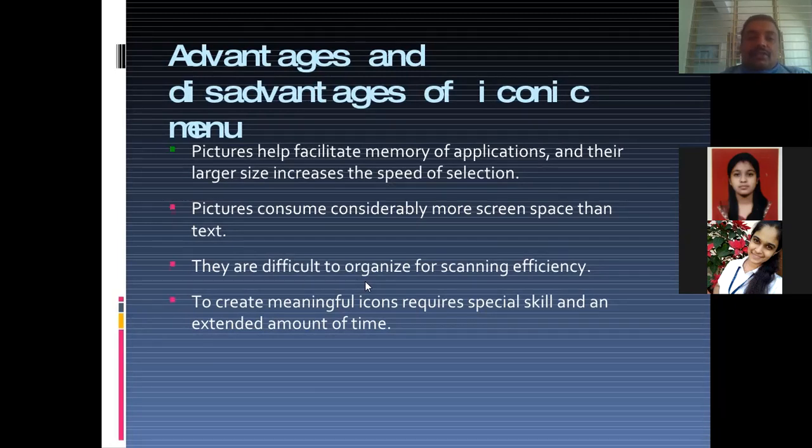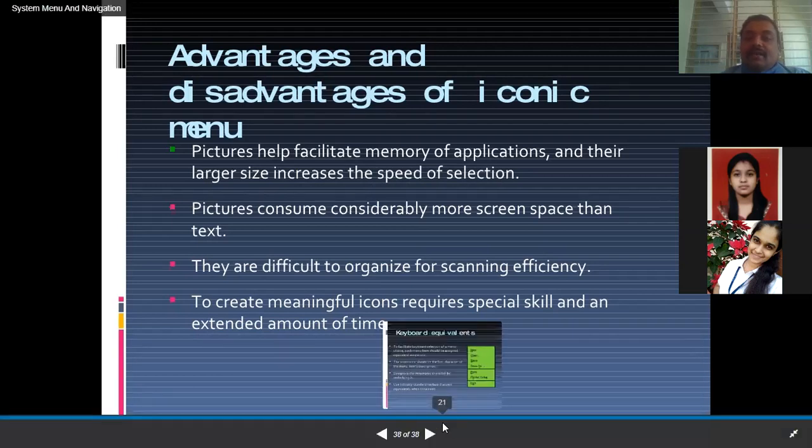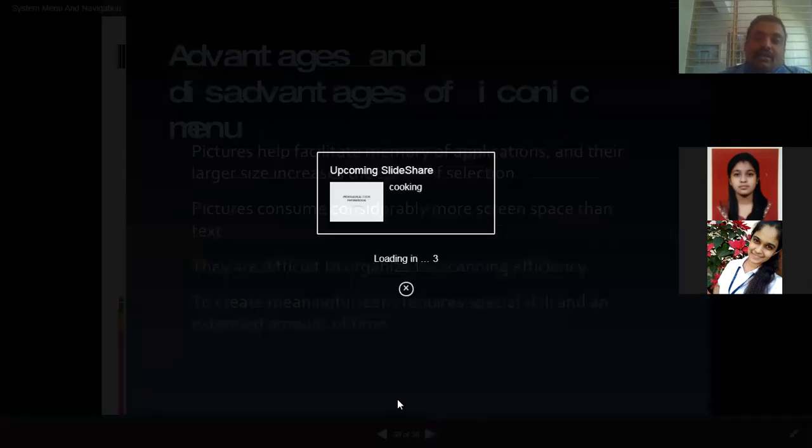When you want to put the option in pictorially, it requires a special kind of skill, and it takes an extended amount of time. It requires more time to design. So being a software developer or software designer, you may take more time to put a figure in there and all those things.